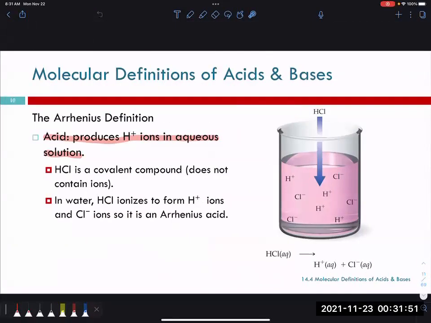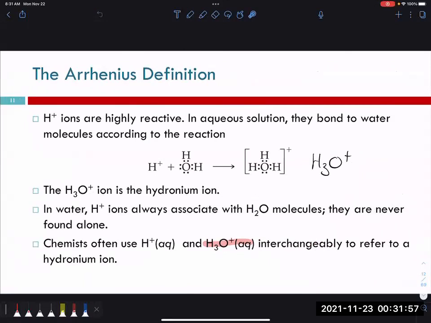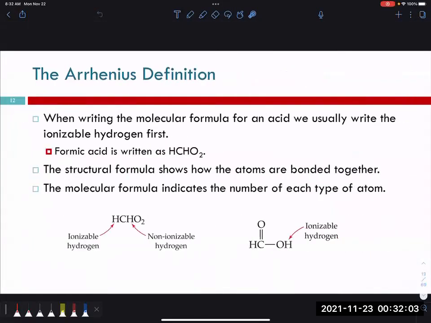We had this first definition where acids produce hydrogen ions, and then those are always combined with water to make hydronium. I'm writing the molecular formula.